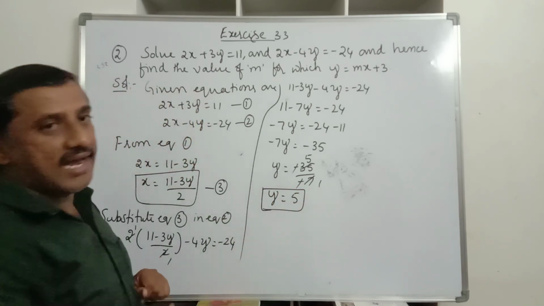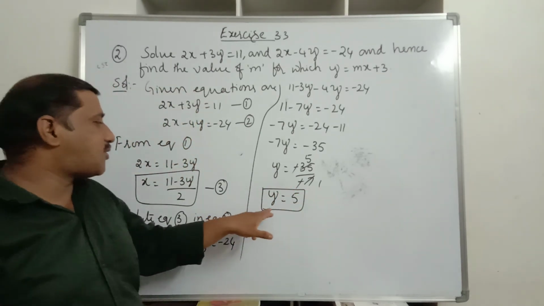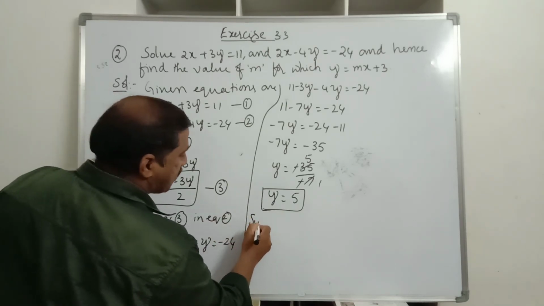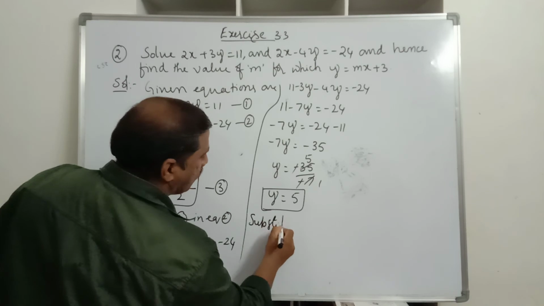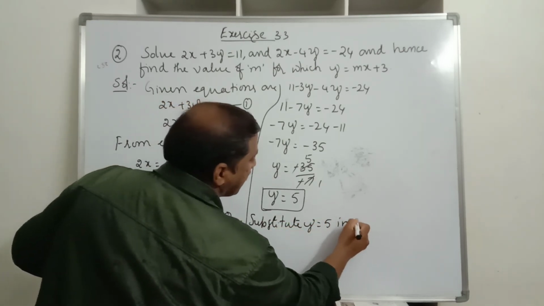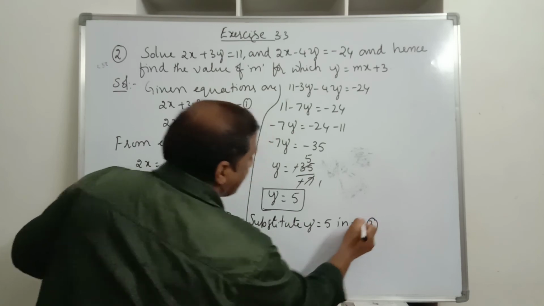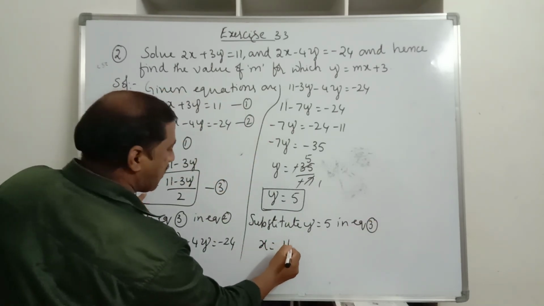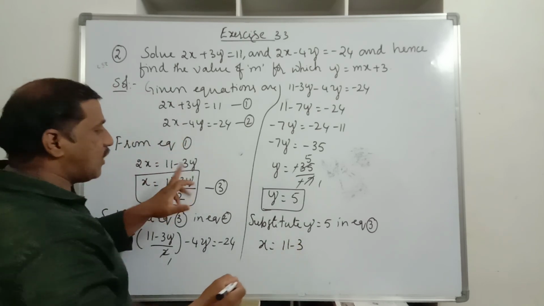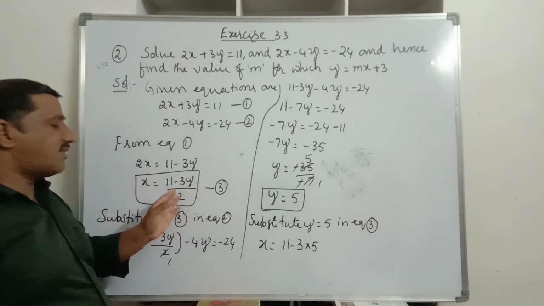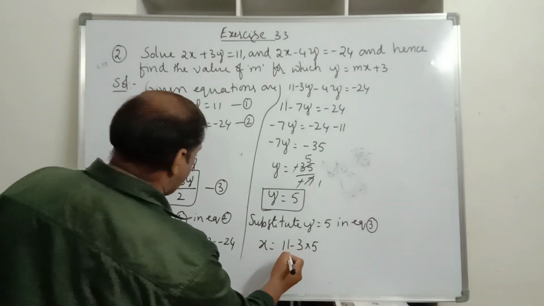Now we need to find x. To find x, substitute y is equal to 5 in equation 3. What is equation 3? It is x is equal to 11 minus 3y by 2. Substitute 5 in the place of y, that is 3 into 5.